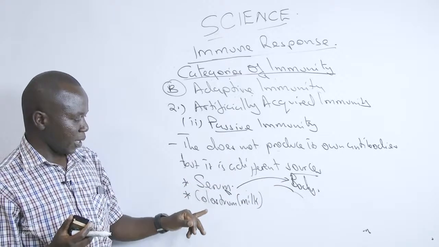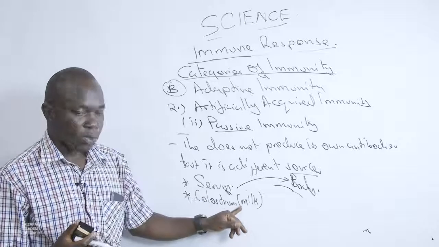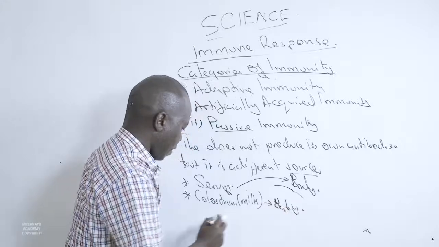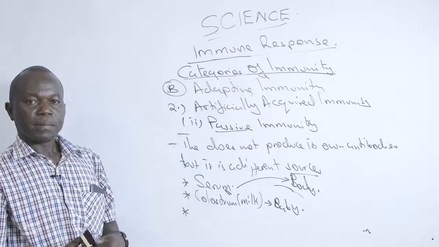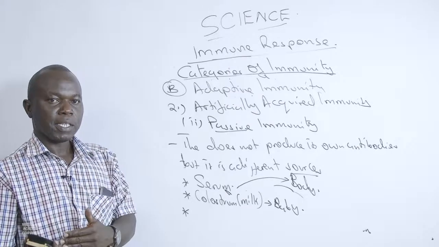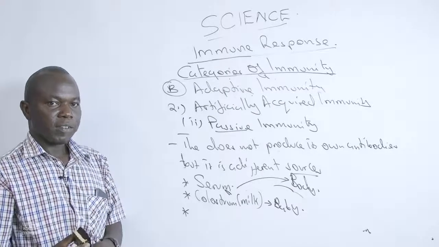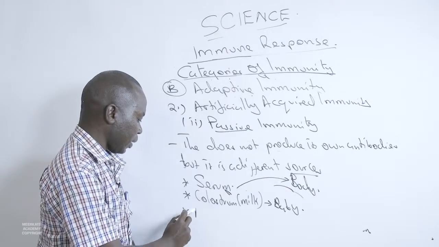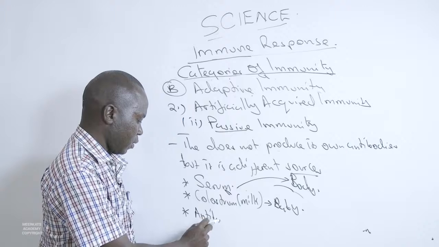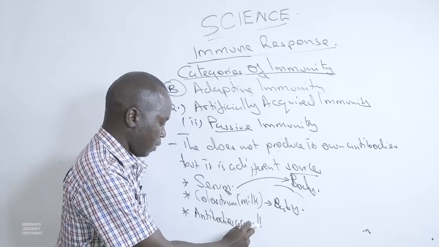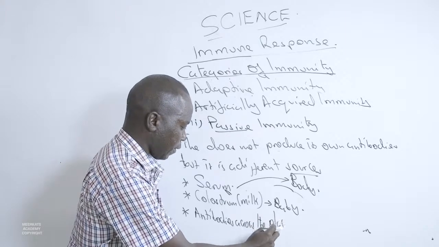So again, through serum, through colostrum to the baby. Again, sometimes the mother can also produce antibodies that will cross the placenta into the fetus before it is born. Antibodies across the placenta.